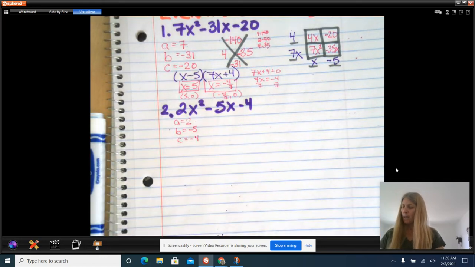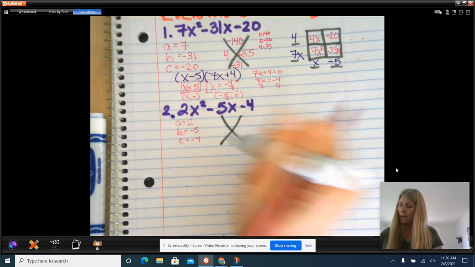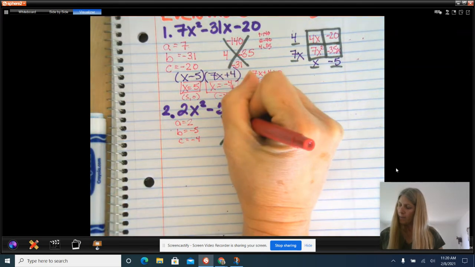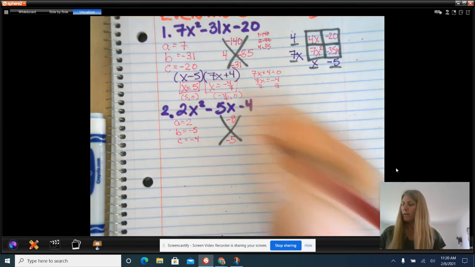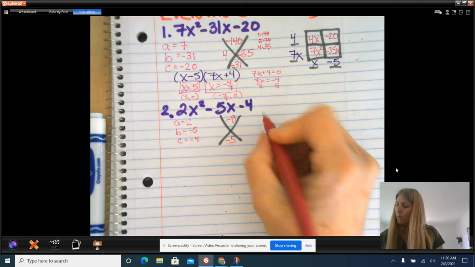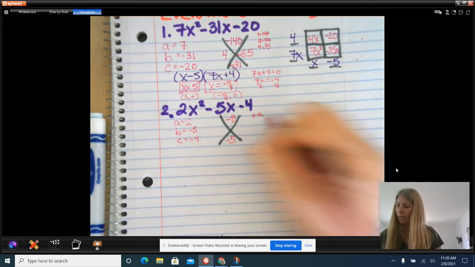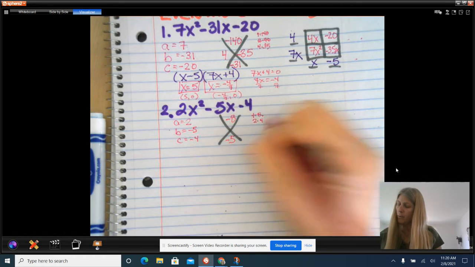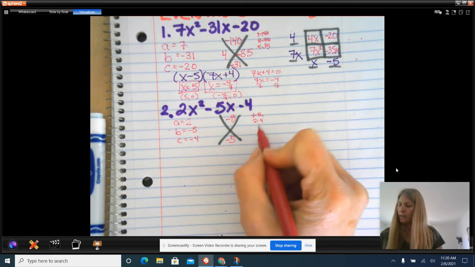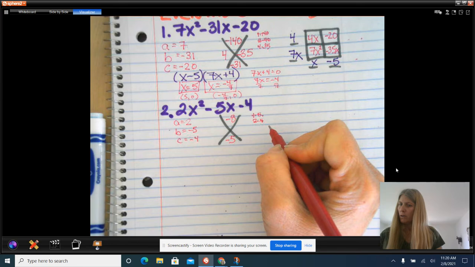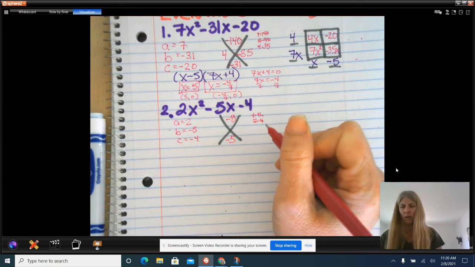I'm going to multiply a times c, which is negative 8 for up top, and b on the bottom, negative 5. So I have 1 times 8, which adds to 9, subtracts to 7. I'm looking for a 5. I have 2 times 4, which adds to 6, subtracts to 2. And then that's it. There aren't any more.